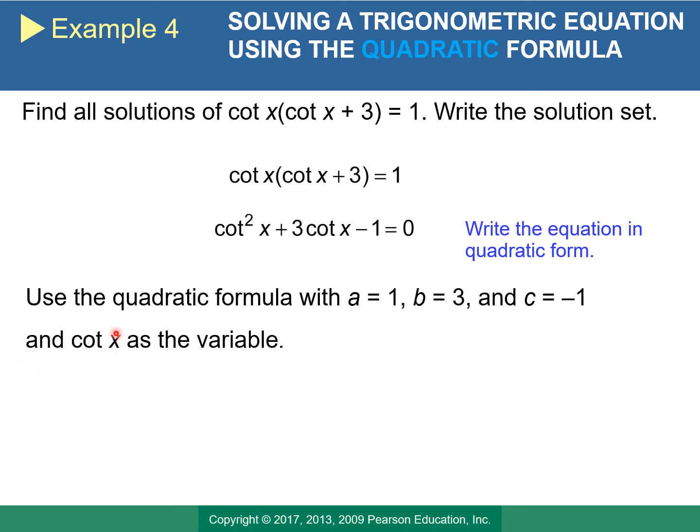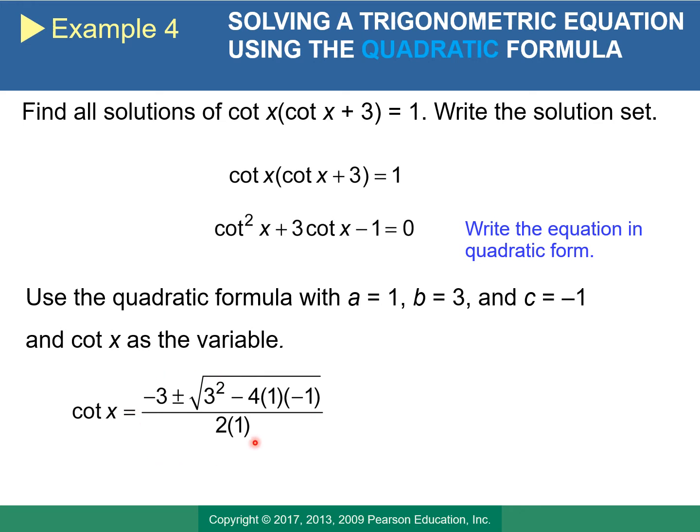quadratic formula, and then your variable is not just x, it's this cotangent x. You have to keep cotangent with it, because it was cotangent x as the linear term and cotangent squared x as the quadratic term. So here's your quadratic formula, and we just fill in 3 for b, 1 for a, and -1 for c.